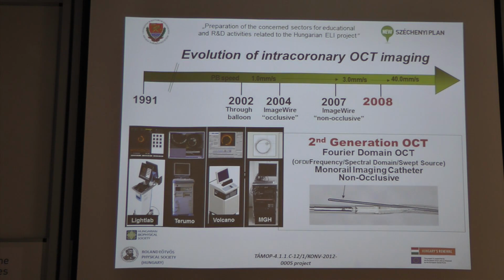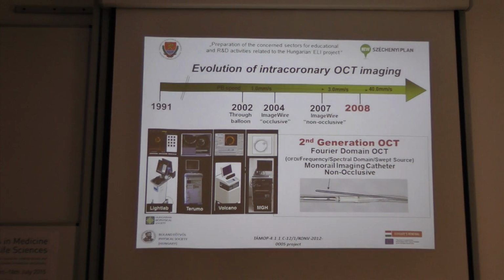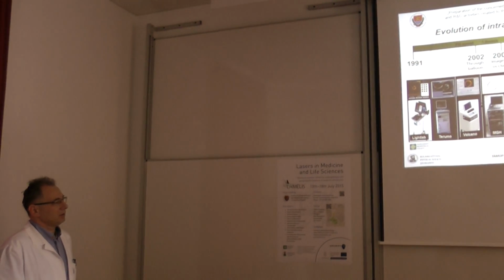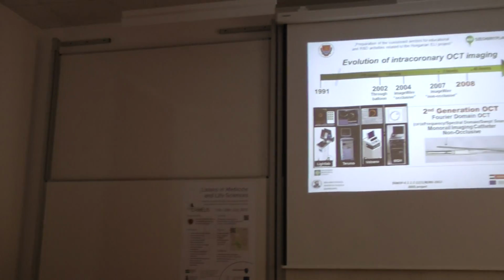So OCT, as you already know, has been used since... until 2004, the image wire was okay, that was very thin, but it needed, and still it needs, to get rid of the blood, since the blood contains erythrocytes, small, very fast flowing little particles, which attenuate and reflect back the light, which is really the major working mechanism of OCT.